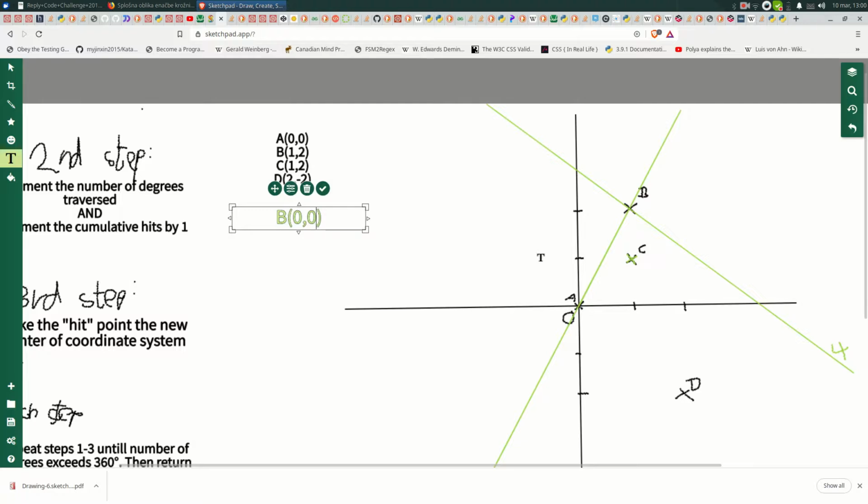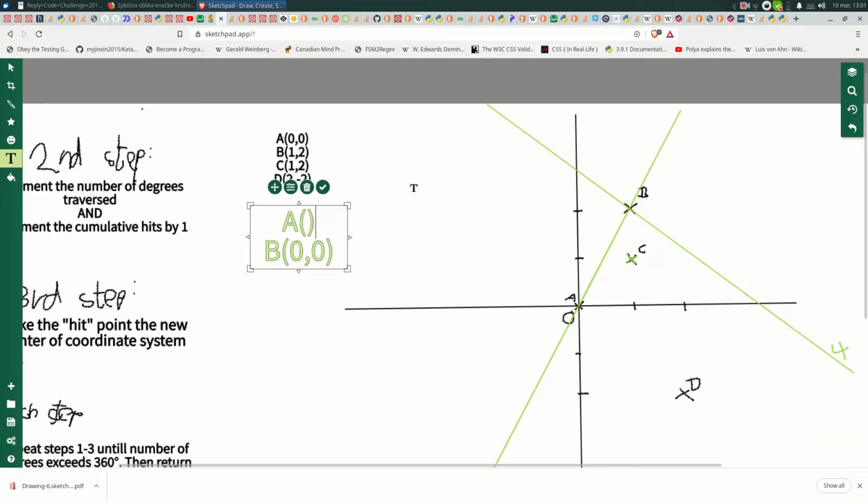The thing that we can also say for certain is not only that B is 0 0, but A is what it is.